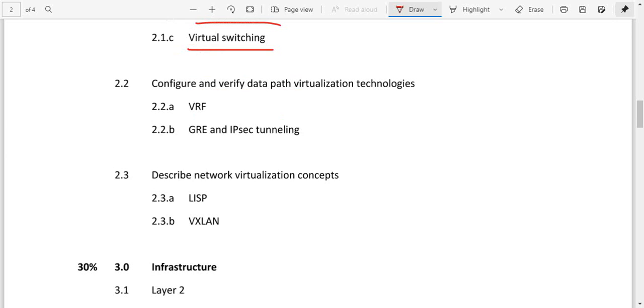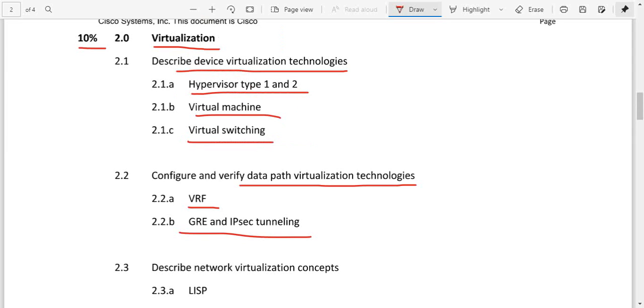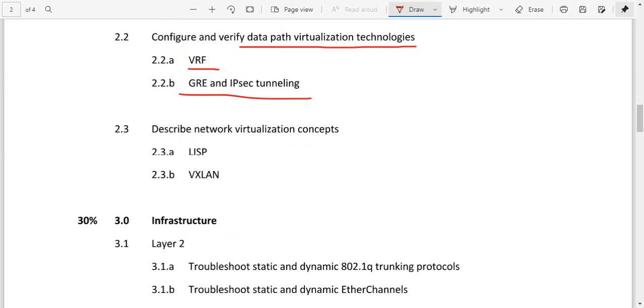How do you configure and verify data path virtualization technologies, virtual routing and forwarding, GRE and IPsec tunneling? This comes under virtualization, where 10% of the questions will be there. And the network virtualization concepts, like what is LISP, what is VXLAN and where it is used.